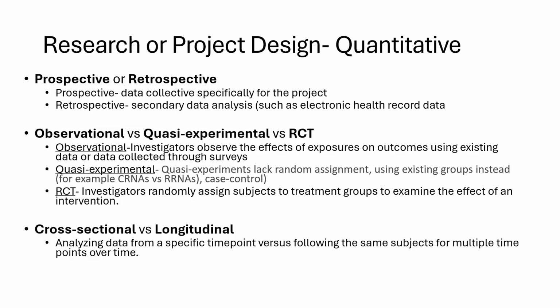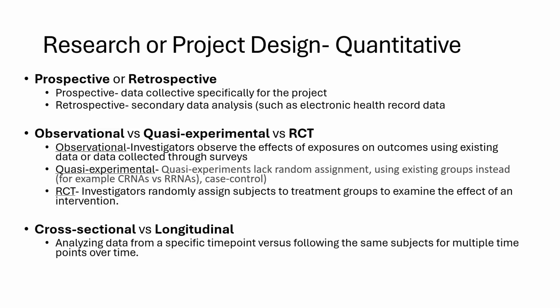Retrospective means it's stuff that's already happened, and this is a very common one for students to use because they're pulling data usually out of an electronic health record, so they're taking data that already exists and analyzing it. And then for the next one, observational data, that basically means that you have data and it's just what was there. You didn't do anything to change it. You did not do any type of intervention.